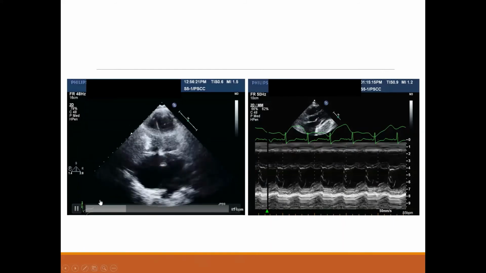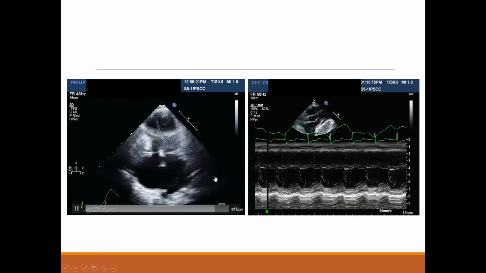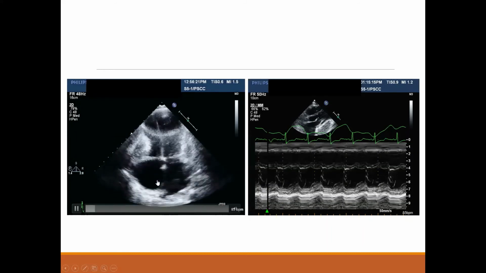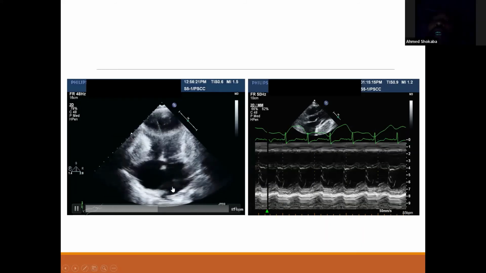Any guess? Does the heart look normal? No. What's abnormal? Typical 4 chamber, but the ventricle couldn't contract well.